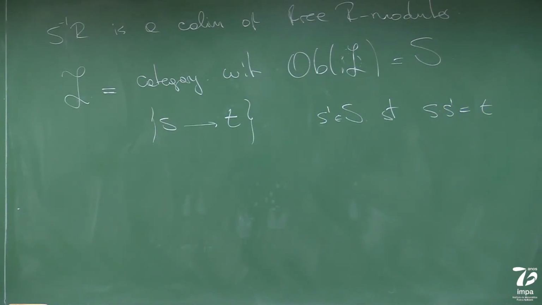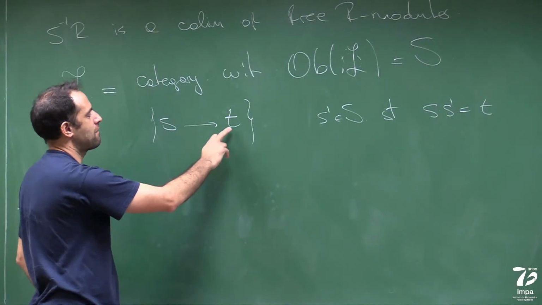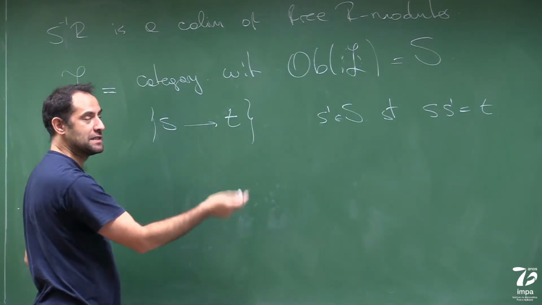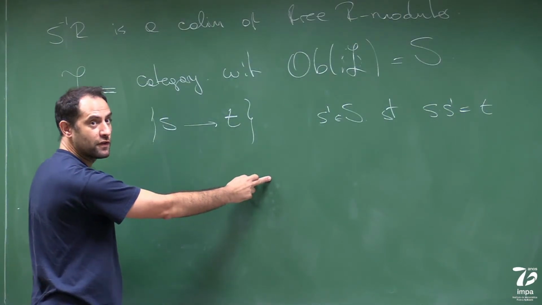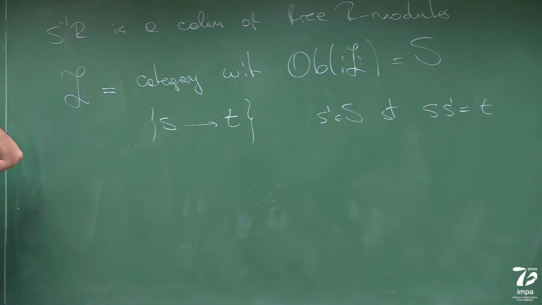Doesn't matter. Yeah, I want to have my units in S. Okay, and the composition is just by multiplication. If you have a map from s to t, given by multiplication by s prime, and a map from t to w, which is multiplication by t prime, then multiplication by the product of the two is a map from s to w. So this is compatible with compositions, and this is a well-defined category.